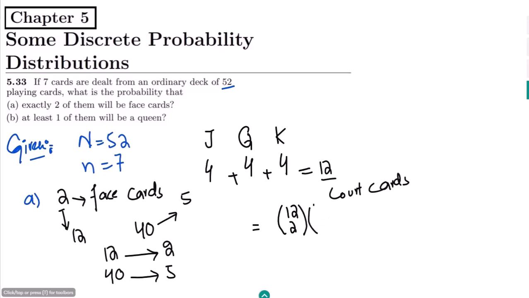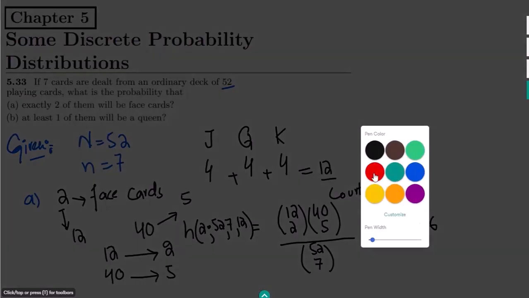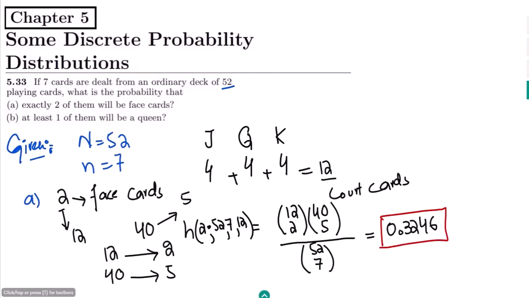The remaining cards are 40, and from them I have to select 5, while dividing it over the total number of cards, which is 52 choose 7. When we solve it, the answer will be 0.3246, and that is the solution of part A of my question.